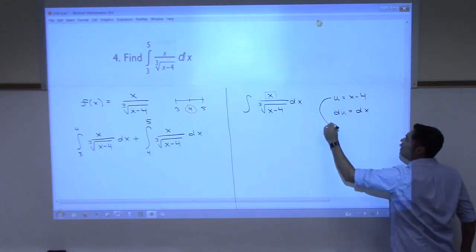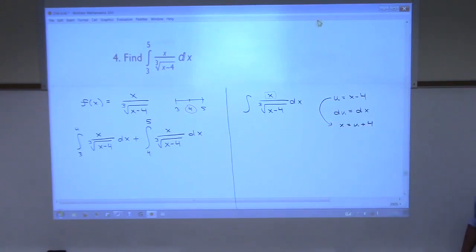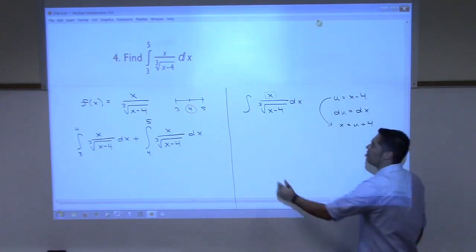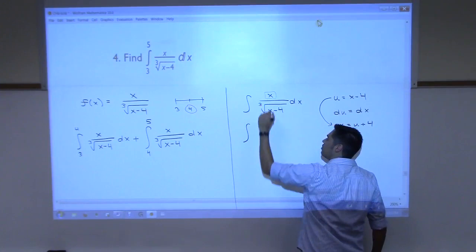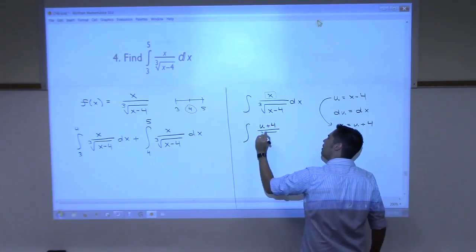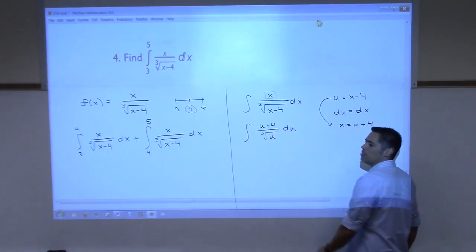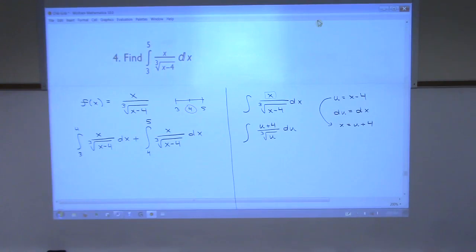So you solve this for x. x is u plus 4. Agree? All right, so this new integral becomes x, which is u plus 4, over cube root of u, and then du. So that's a pretty clean substitution. There's no constants that had to come out or anything, or negatives.